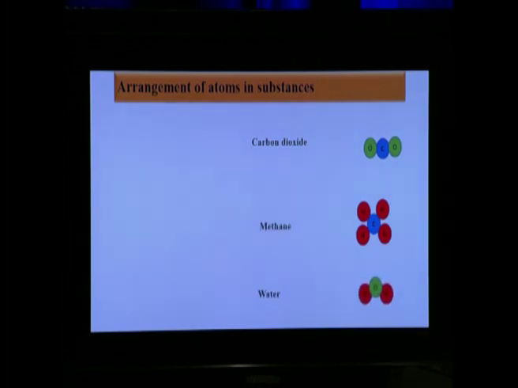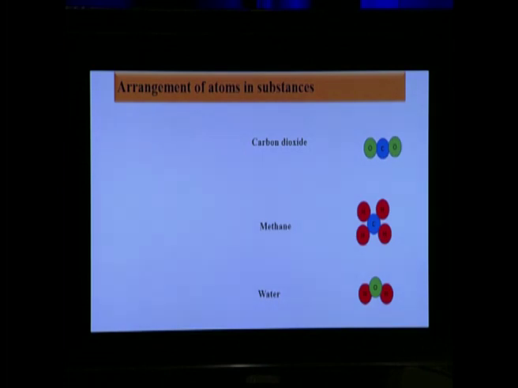It is arranged in a V shape. So these are some of the arrangements of the atoms in substances. First one, carbon dioxide, it is linear. Second one, methane, it is tetrahedron. And third one is water, it is V shape. We will look at some more.